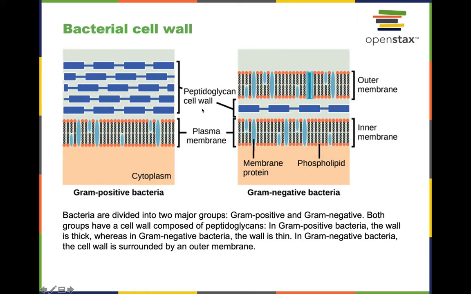Now, bacterial cell walls come in two different varieties, and under the microscope they are recognized by whether or not they can stain with a particular stain called gram. So you have gram-positive bacteria, which can be stained with the stain, and gram-negative bacteria, which you can't stain.